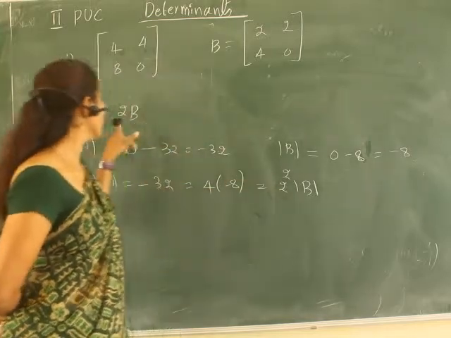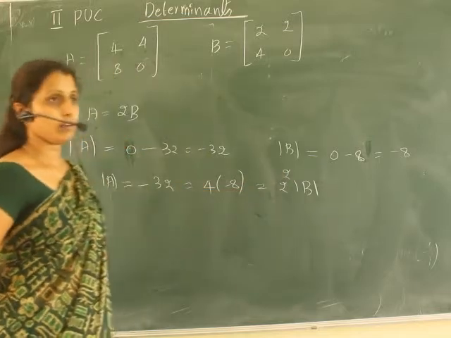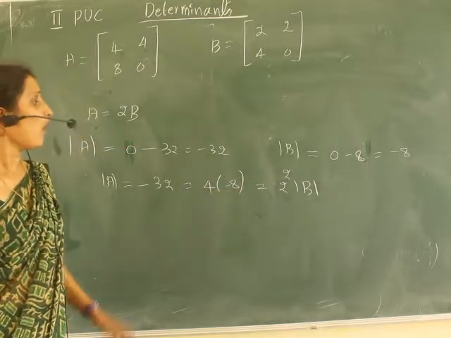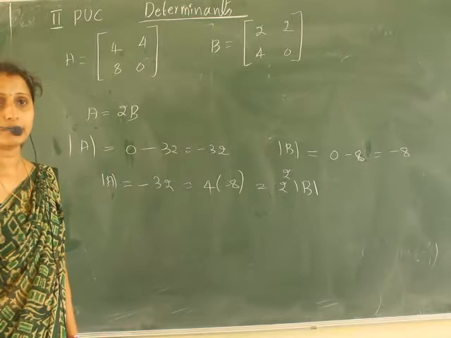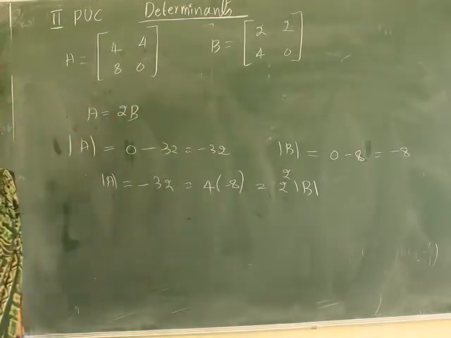So this 2 is this value, and the power is the order of the matrix.